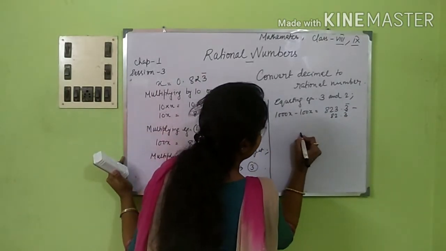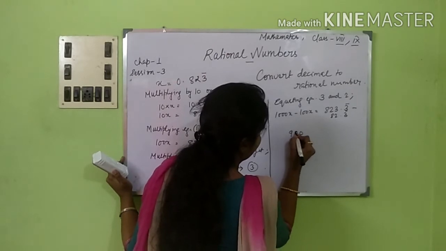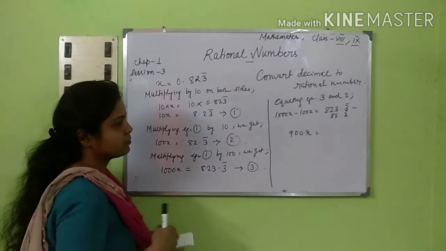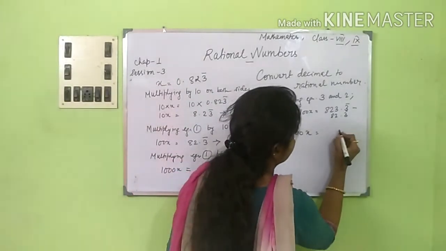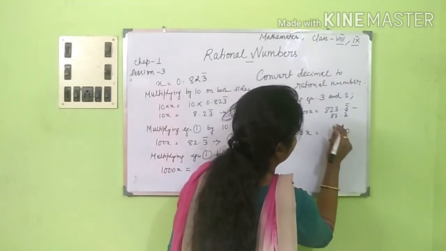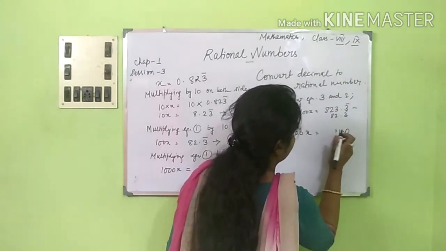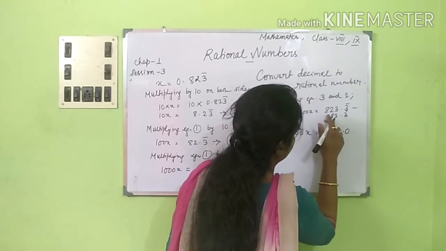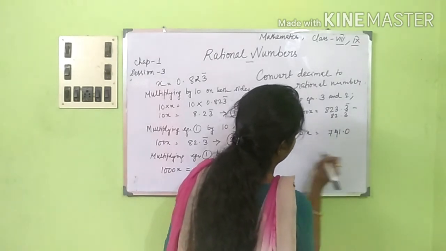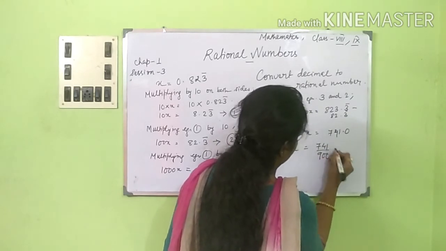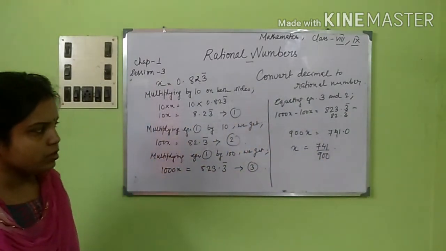So you are getting here 900x equal to 741. So x is equal to 741 by 900. So this is your answer.